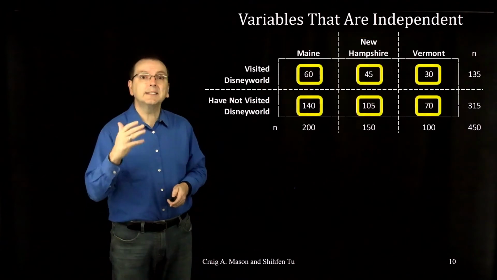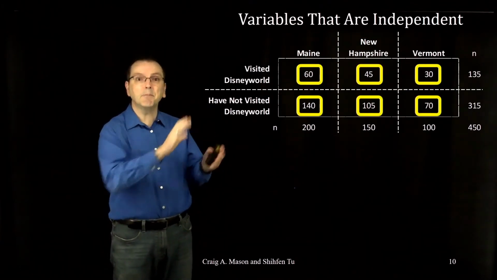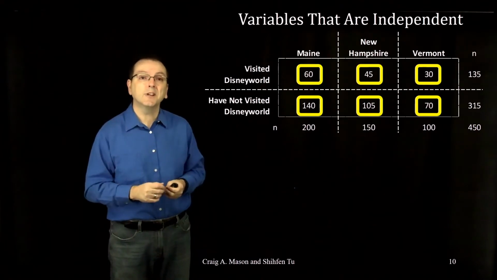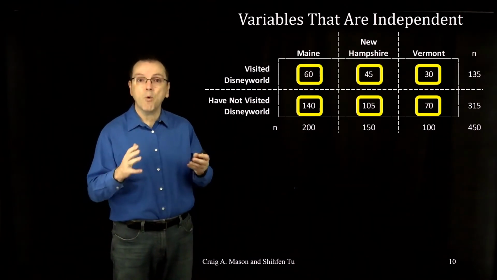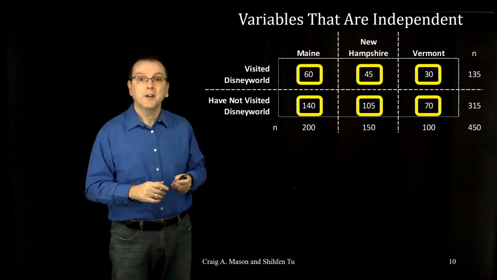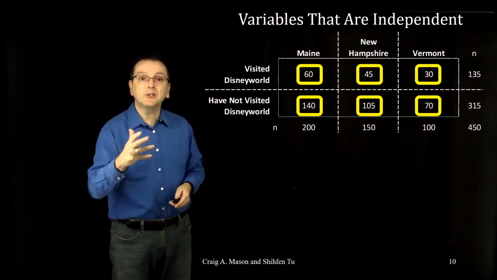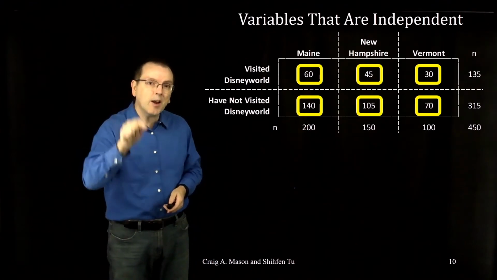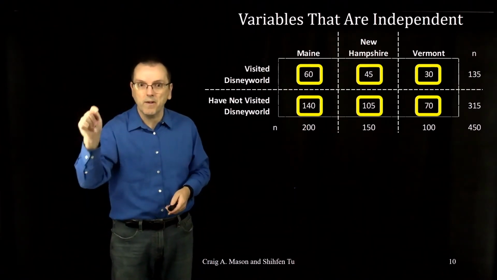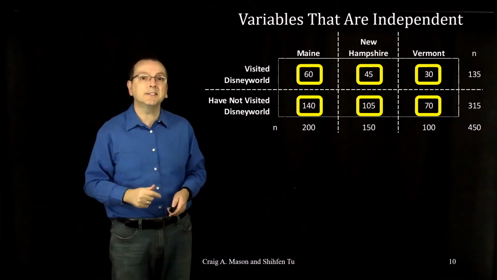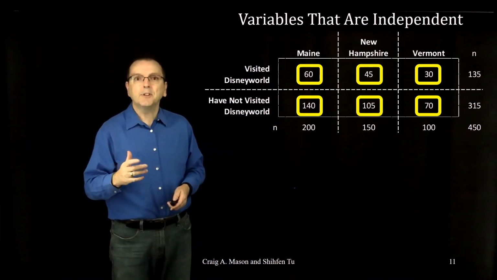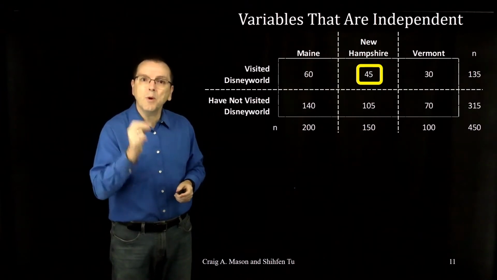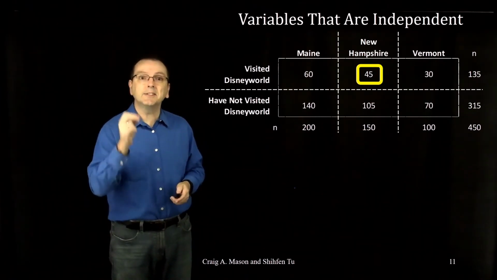That gives us 6 cells or 6 boxes that reflect the 6 different combinations that someone may have for these two variables, with the number in each cell indicating how many people had that specific combination of state where they lived and their Disney status. For example, 45 people lived in New Hampshire and visited Disney.